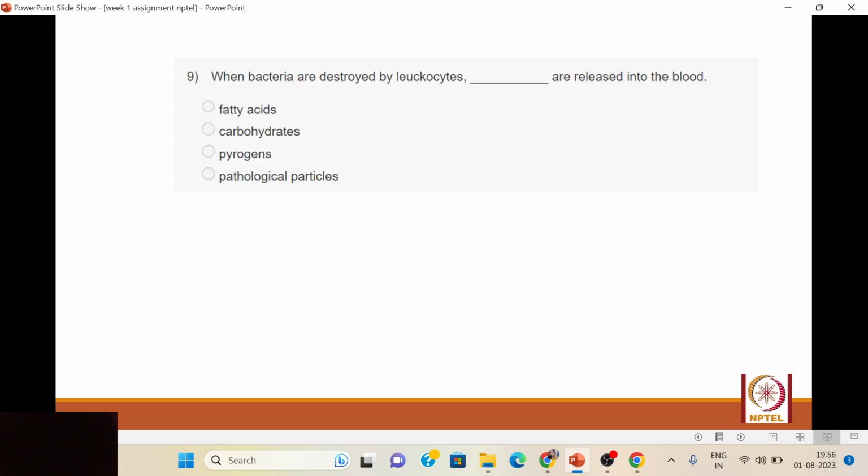When bacteria are destroyed by leukocytes, dash are released into the blood: fatty acids, carbohydrates, pyrogens, or pathological particles.